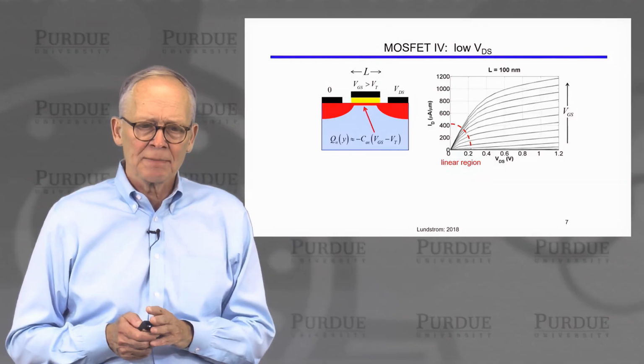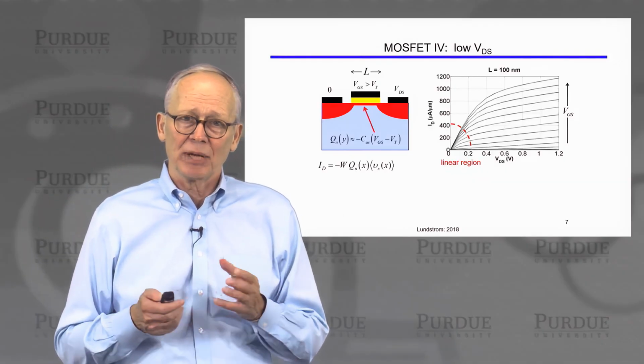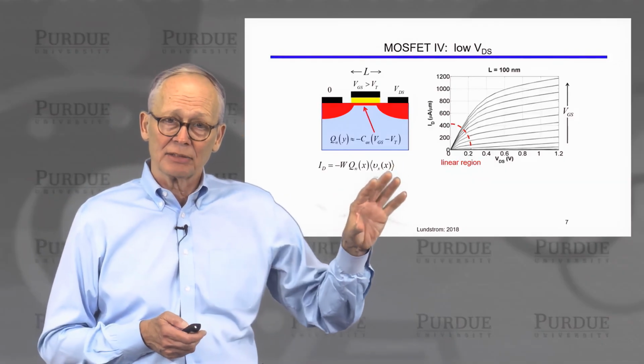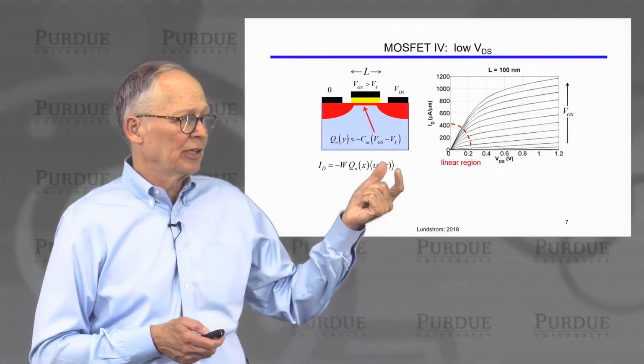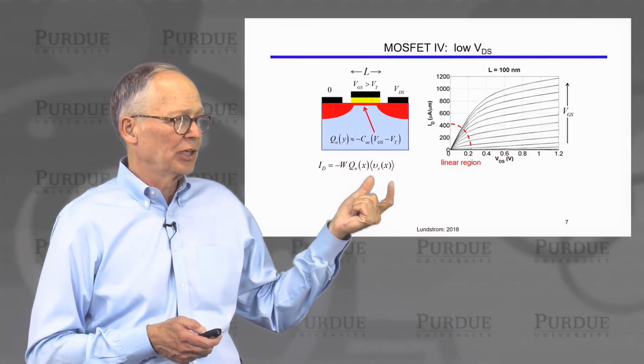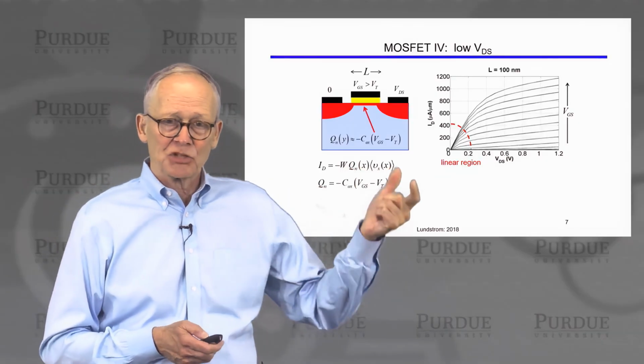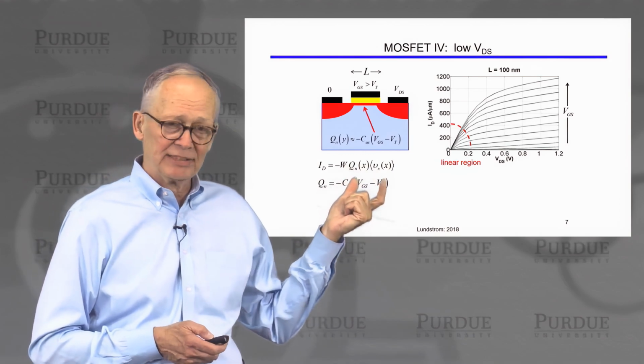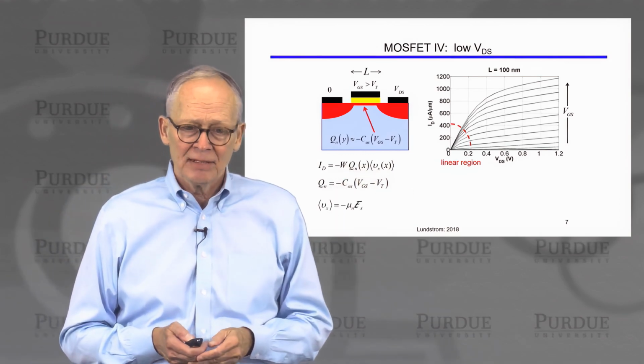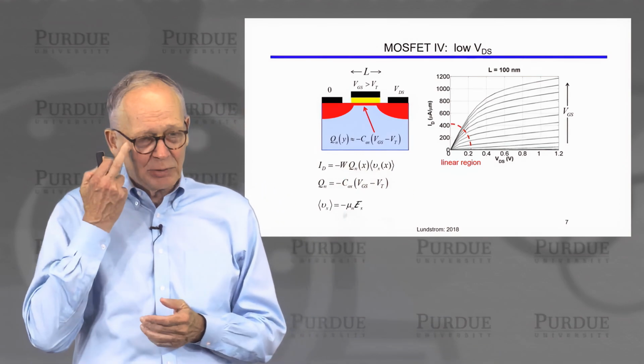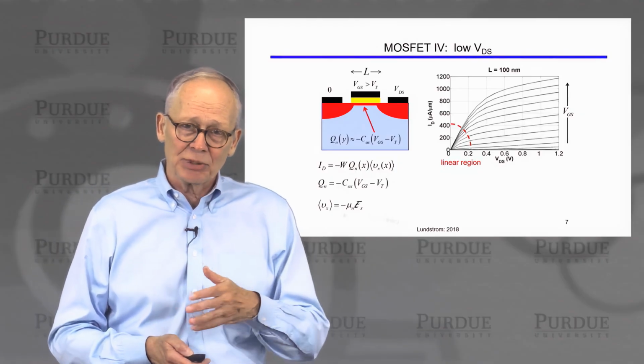All right, so with that, we've got enough that we can derive the IV characteristics in the linear regime. So our current is minus width times charge times velocity. The charge is Cox (Vg minus Vt). Velocity, you'll remember that when we have an electric field, we have a drift current.